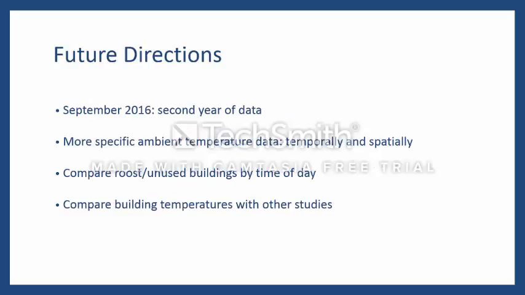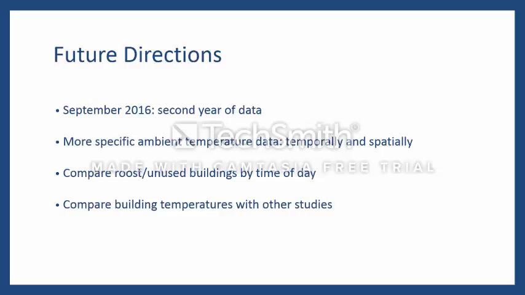So moving forward, by the end of next summer, I'm going to have another year of temperature data available. I'm also going to want to get some more specific temperature data for ambient conditions, both temporally and spatially. I want to get some ambient temperature that is closer to the buildings, and this may involve buying more iButtons, which is very expensive.